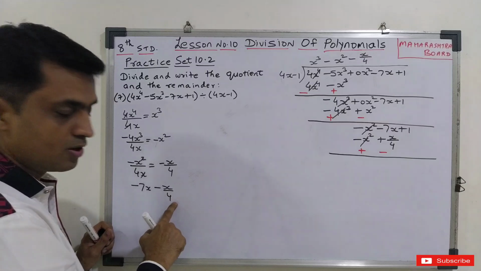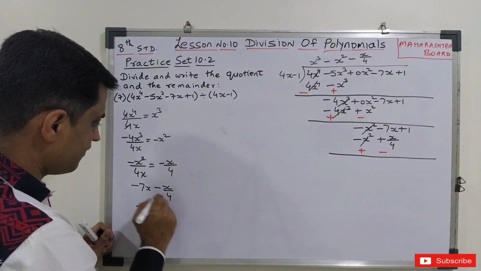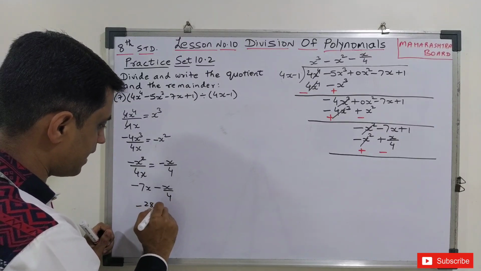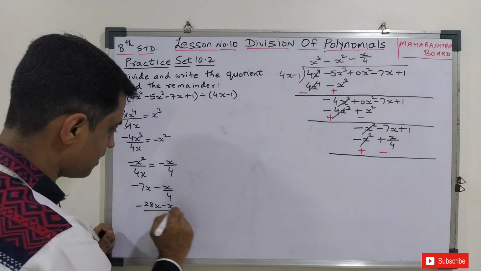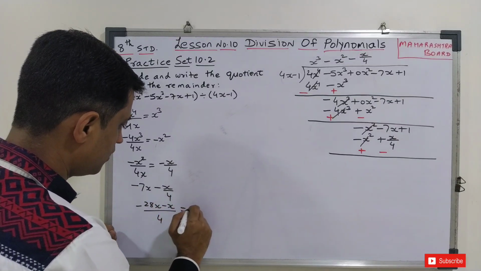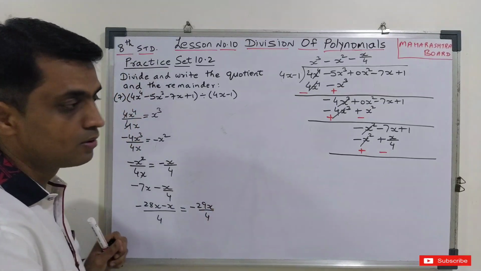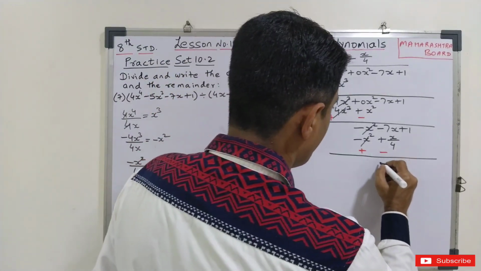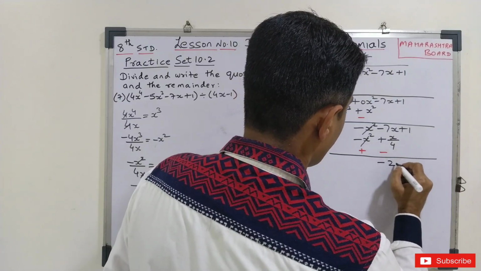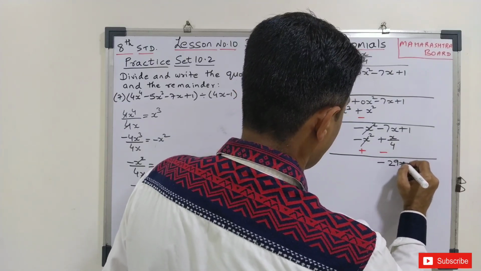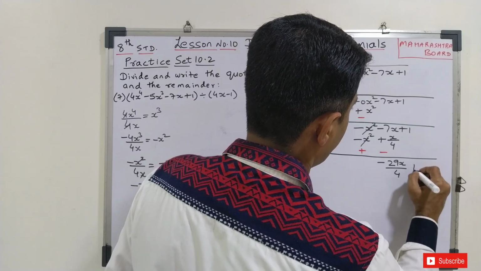Denominator is not same, so you have to cross multiply. 7 fours are 28x minus x upon 4. So you will get minus 29x upon 4. So what we will get here? Minus 29x upon 4 plus 1.